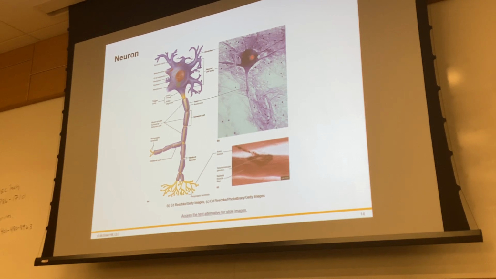Internal cytoskeletal elements, that's one thing. Second thing is neurotransmitters and synaptic vesicles. Those things are all assembled within the soma or the cell body, and they're shipped down via axonal transport in an anterograde direction.